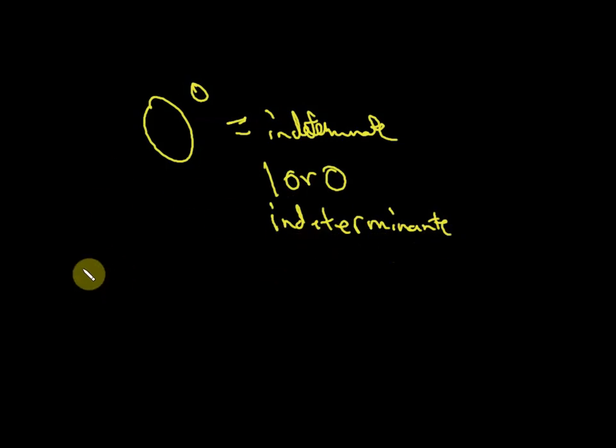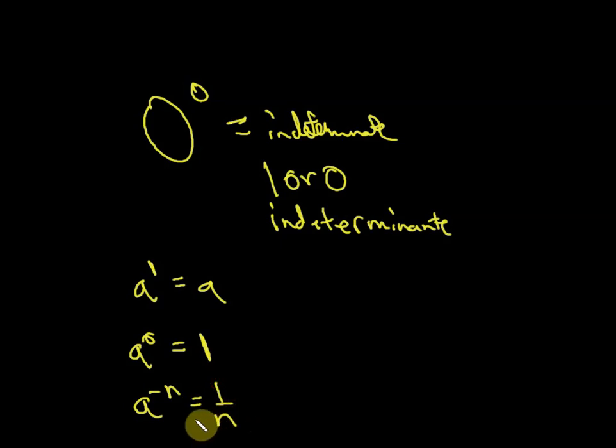So we know that there's a couple of cases, which is a to the 1st power is just a, a to the 0 is 1, and then a to the negative n is just 1 over a to the n. These may seem like a lot, but if you do a lot of problems, this will become second nature to you.